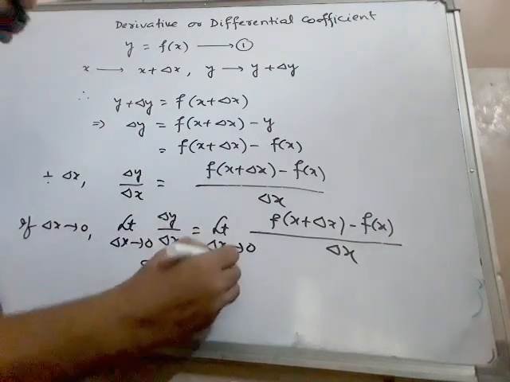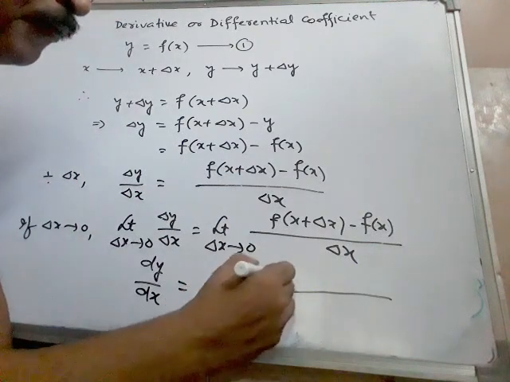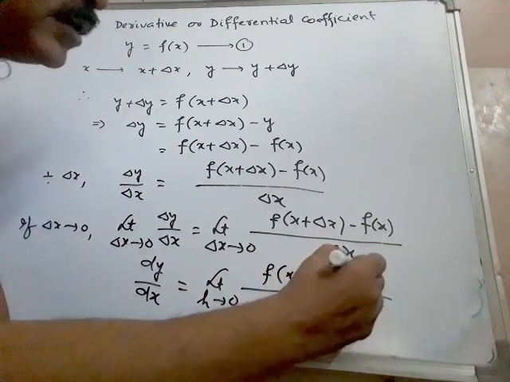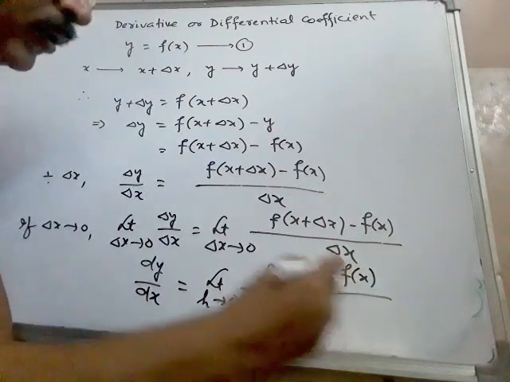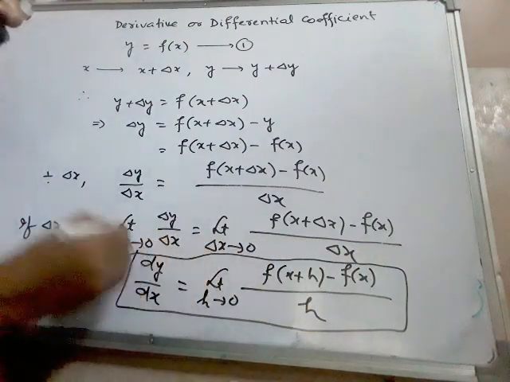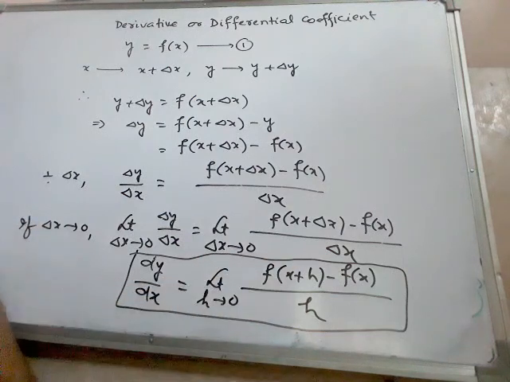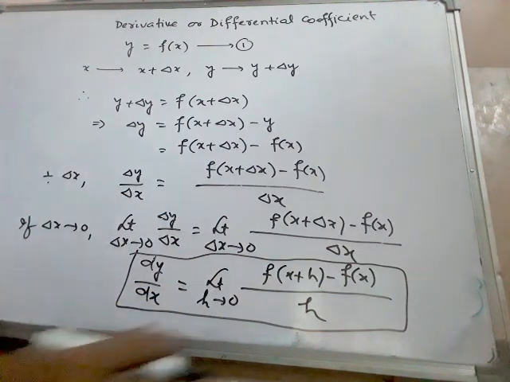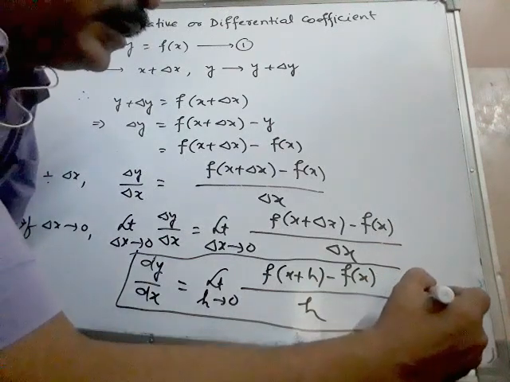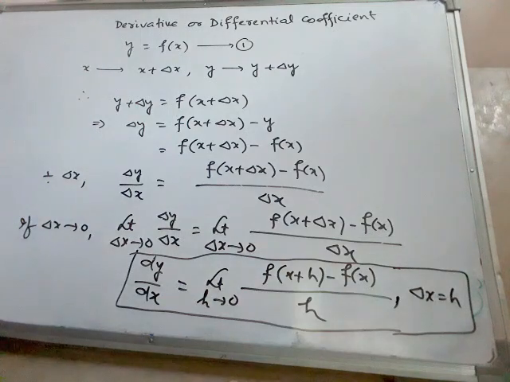Therefore dy by dx is equal to limit h tending to 0, f(x plus h) minus f(x) by h. This is called the first principle of derivative, where delta x equals h. We have denoted delta x by h, and this is known as the first principle of derivative.